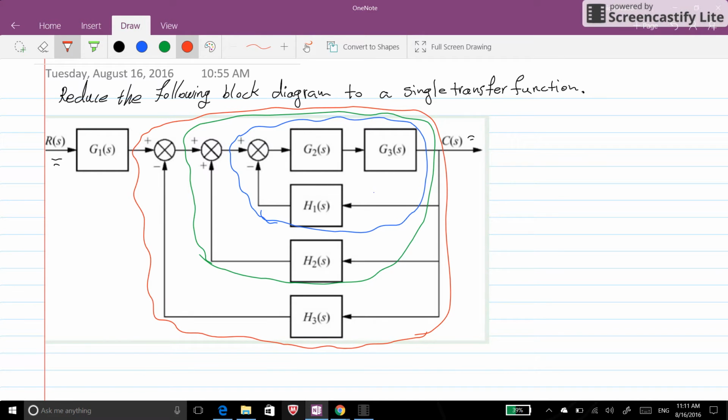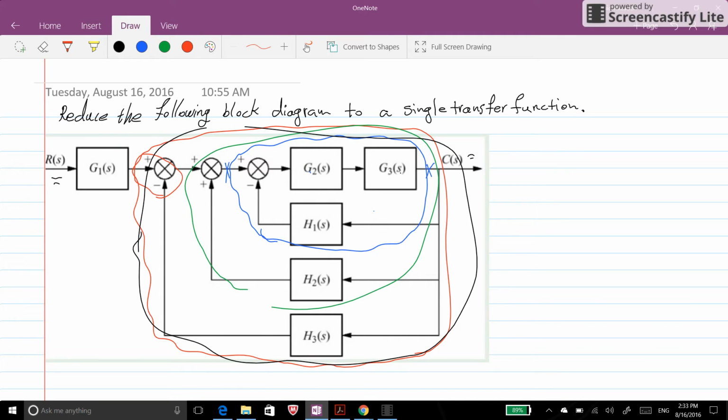Again, it's easy to find the equivalent transfer function, and the resulting transfer function will be in series with the G1 transfer function, which will be multiplied with each other, and this will give us the overall results.